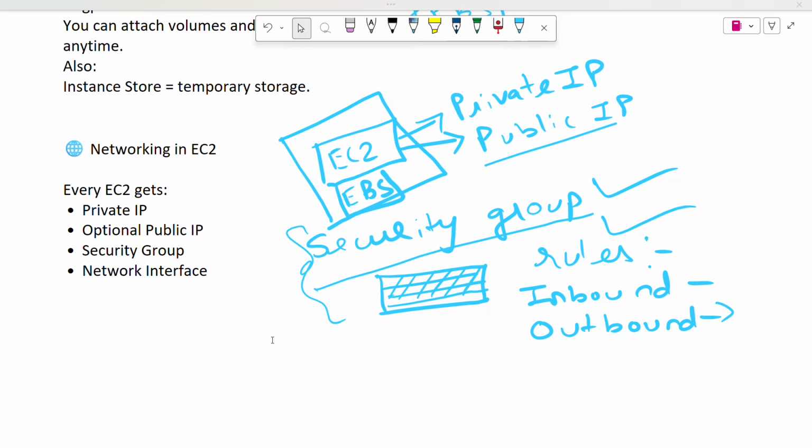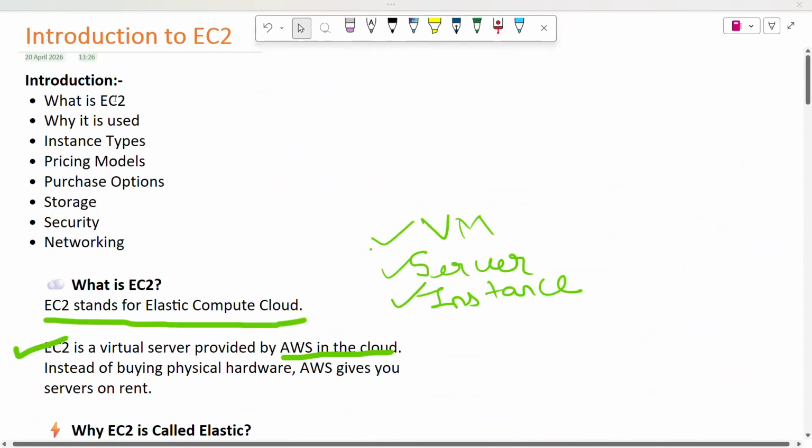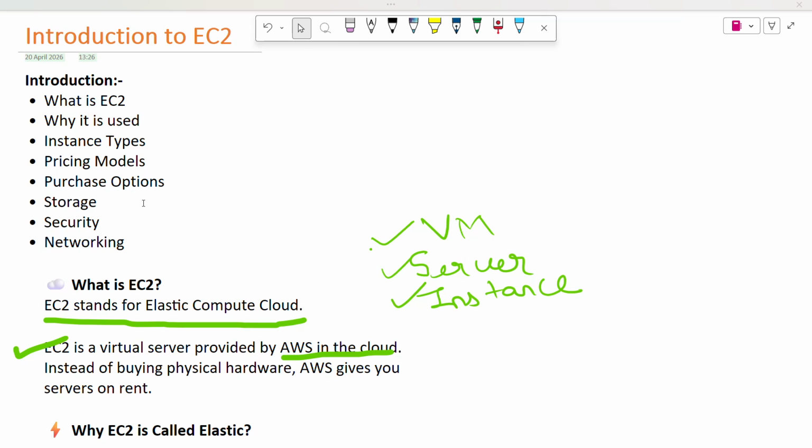So that's it for the session today. I have covered some important parts in today's session: introduction to EC2, the pricing models, the purchase options, the storage, the security, right? This will help us understand when I deploy a web-based application in my coming video.